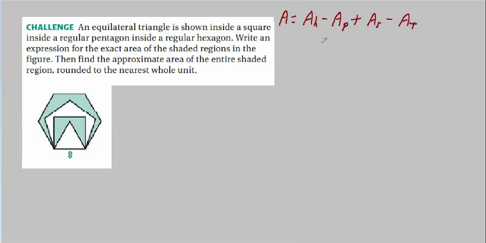We got the hexagon minus the pentagon plus the square minus, so we're subtracting off the unshaded parts and just adding up the shaded parts. The unshaded parts are negative, the shaded parts are positive. You can look at it that way.